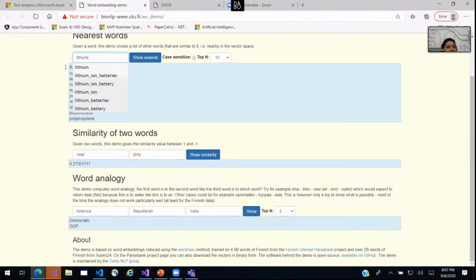We would want to have something like this. So if there could be an exact match for lithium, there could be applications of lithium like lithium ion batteries and stuff like that. And once I do that, let me just check lithium ion batteries, and if I do a show nearest, it should give me batteries, then solar cells, acid batteries, nickel metal hydride, rechargeable batteries, and stuff like that.